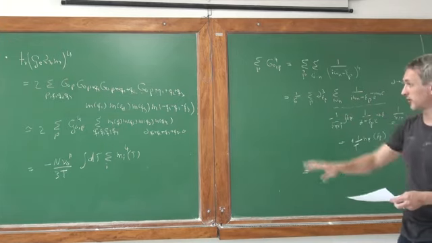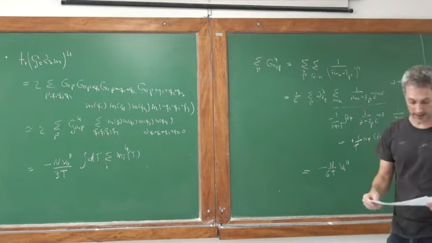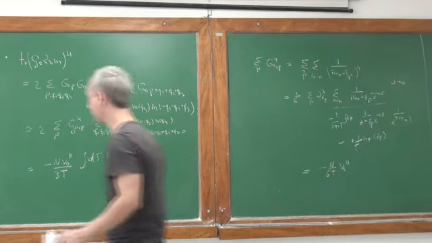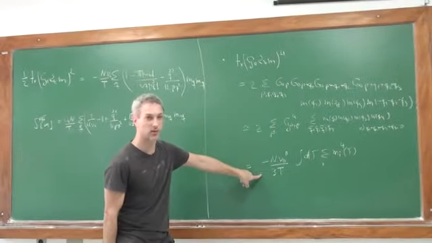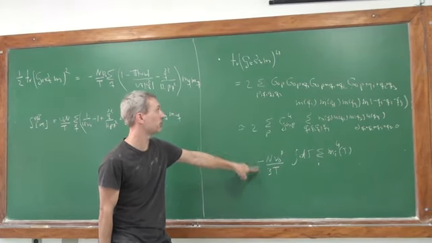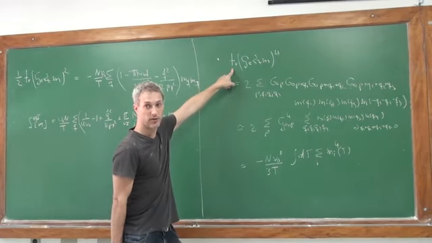So adding this to the action, we end up with the effective action. Let me write here the effective action that we get in the end. We have to multiply this with a factor 1/4, no? Because it was 1/4 trace G0 to the fourth.